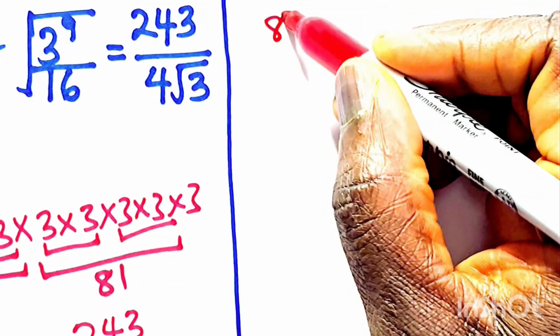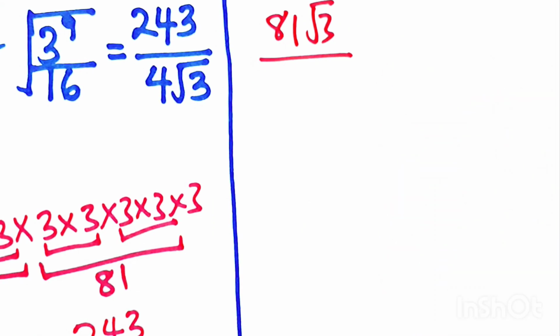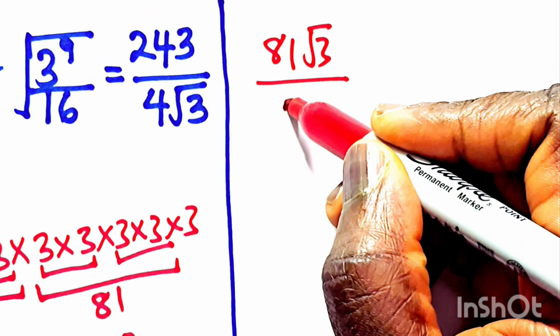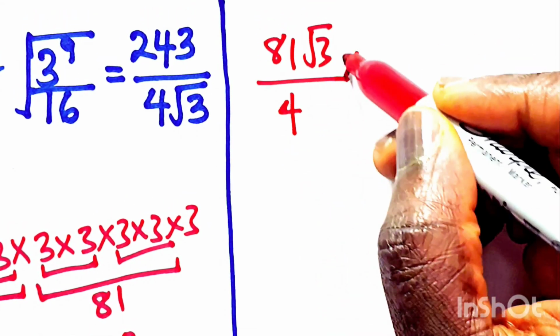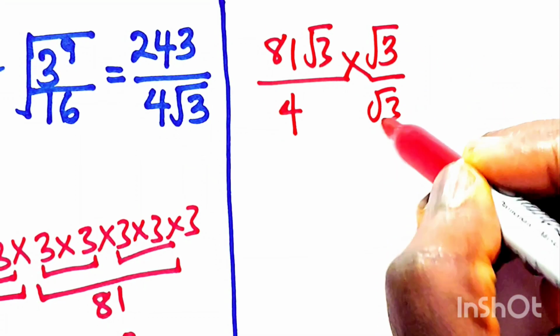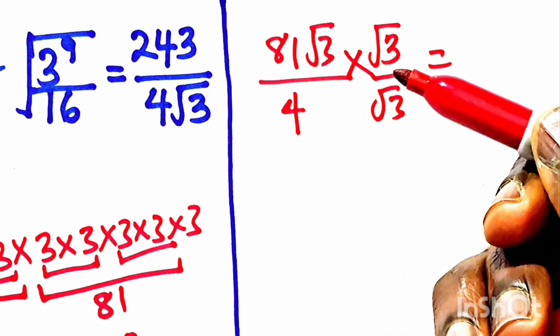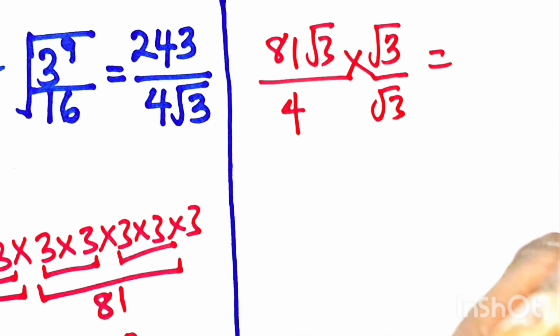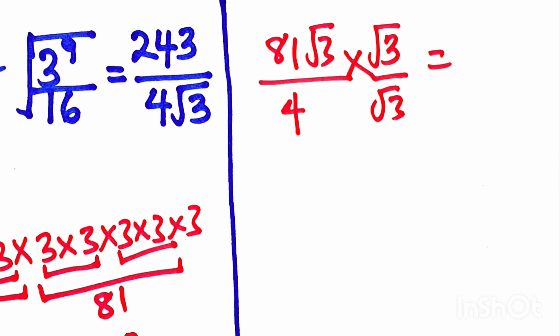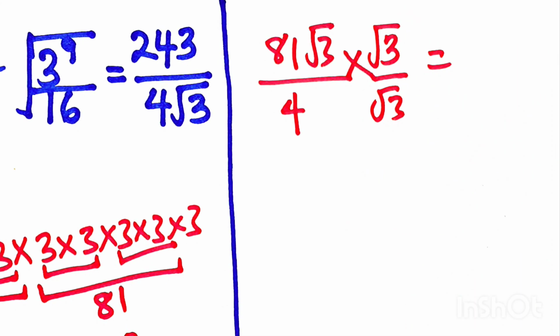If we say 81 root 3 divided by 4, if I multiply both the numerator and the denominator by root 3, and this is showing that I haven't done anything, it's just that I'm multiplying it by 1, and any number you multiply by 1 is still going to give you the same thing. So if I say root 3 divided by root 3, it's just like I'm multiplying it by 1.